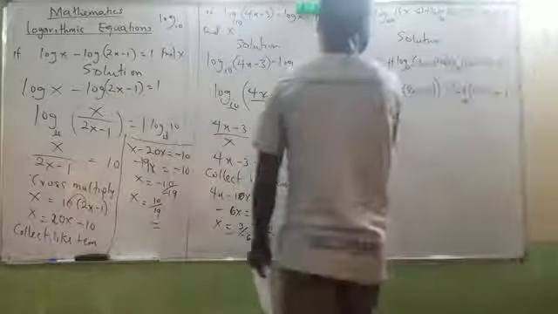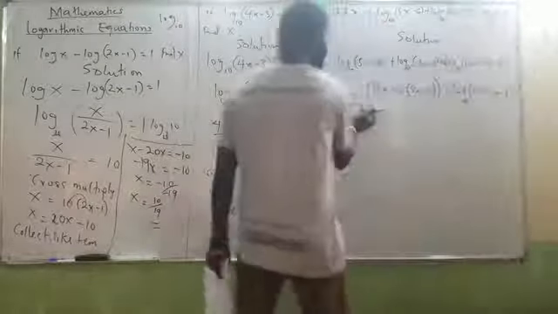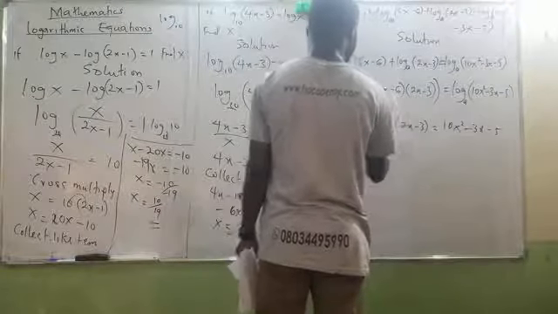Now, can you see, since the bases are equal, I can now say that (5x minus 2)(2x plus 3) equals 10x squared minus 3x minus 15. Now, can I open my brackets here? Yes, this times this, I'll be having 10x squared plus 15x.